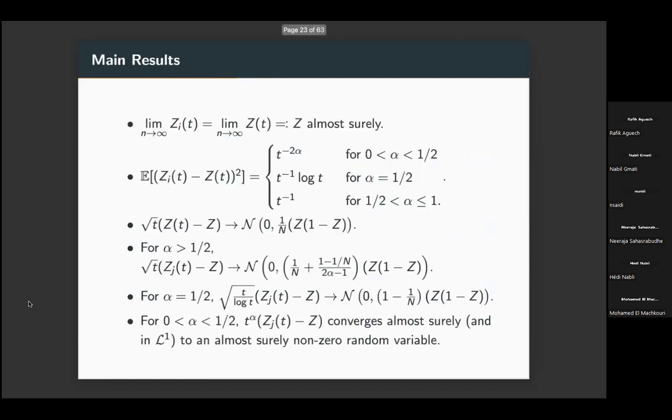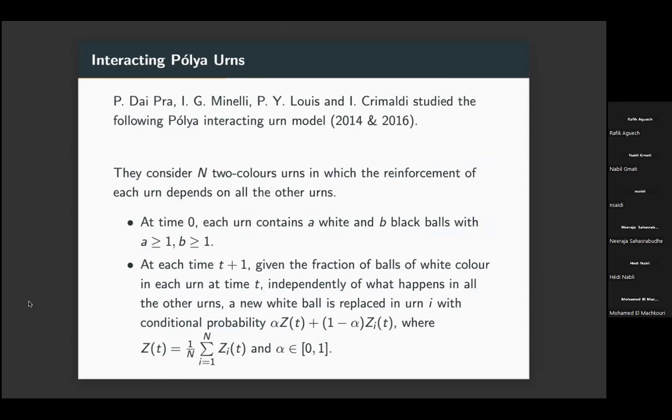All right, so now just to go back to this model and look at how the interaction is happening. Let me just again recall. The interaction is happening in the following way. Each urn is updating based on the fraction of white balls in that urn at that time.